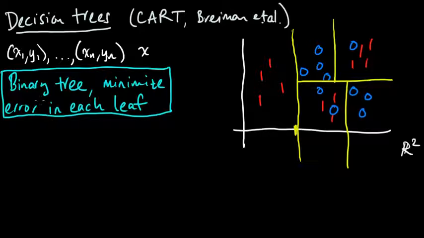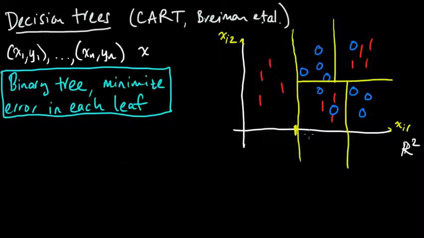So what's the binary tree associated with this sequence of splits? First, let's call this axis the xi1 axis, and we'll call this the xi2 axis. So it's just the first coordinate in each of these x's, and this is just the second coordinate.